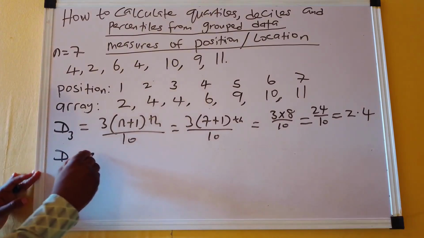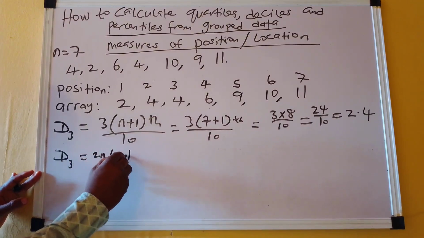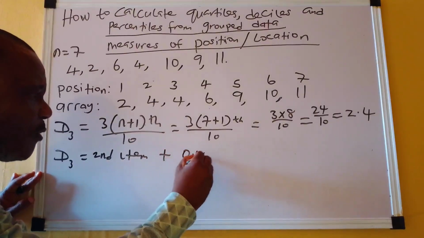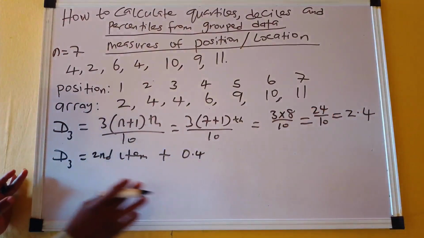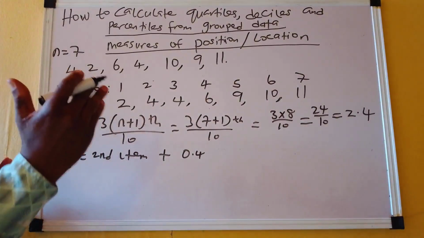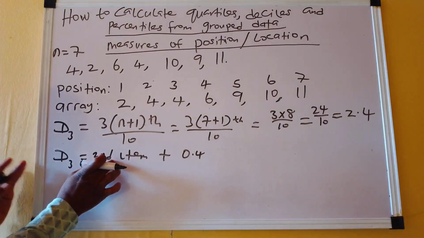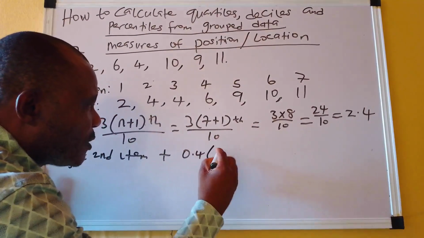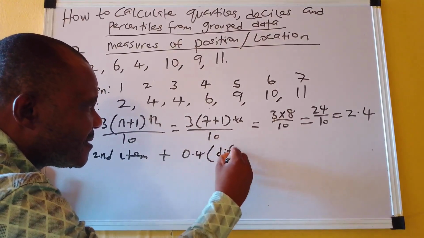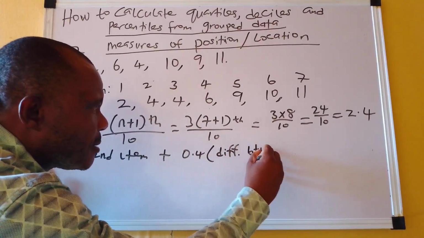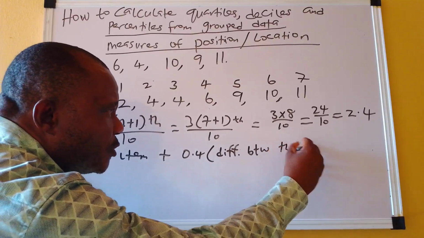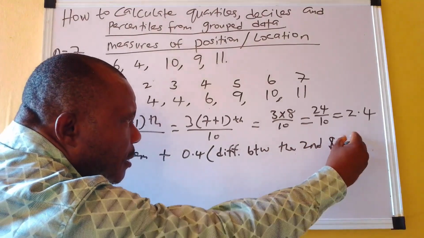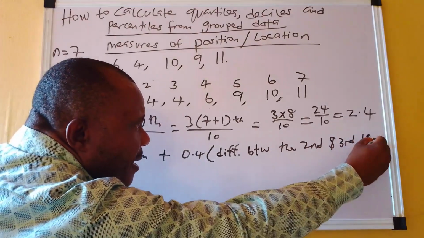That is, you pick the second item plus 0.4, which is the difference, you know, is 2.4. So the second item is this 2 here, then 0.4 is this one, multiplying the difference between the second and third items.